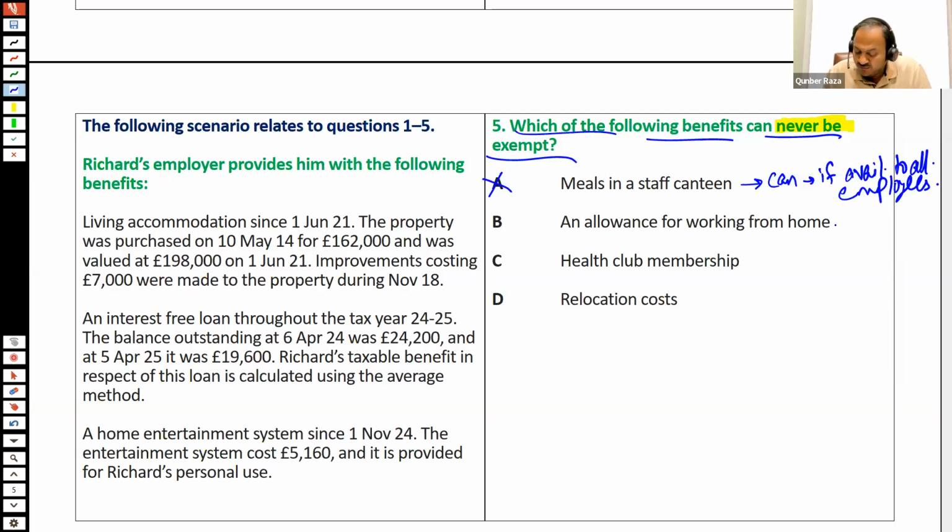And allowance for working from home, can it be exempt? Yes, it can be exempt if it is less than the limit.